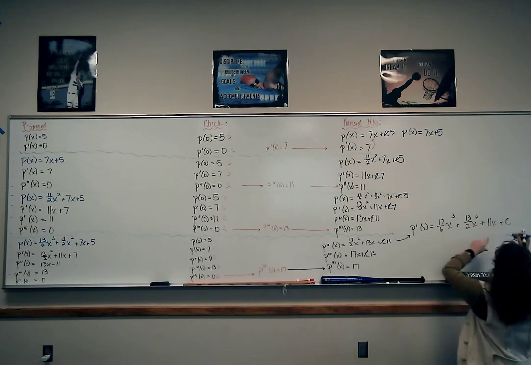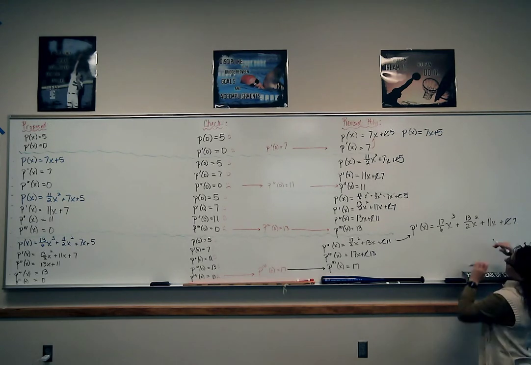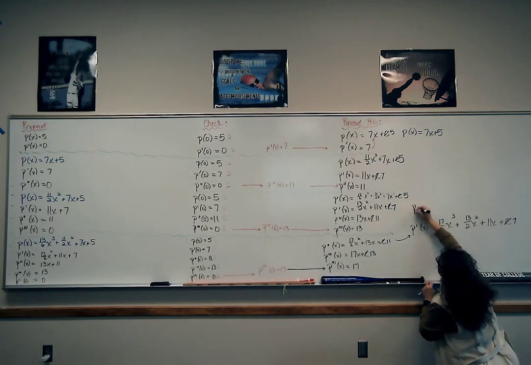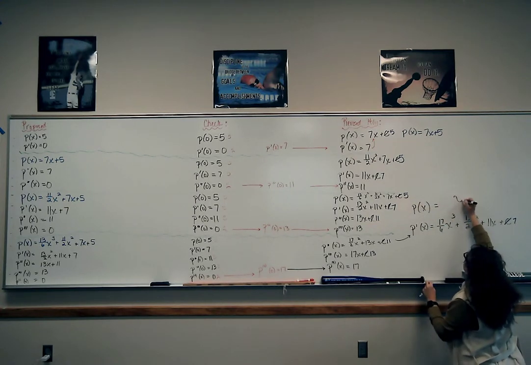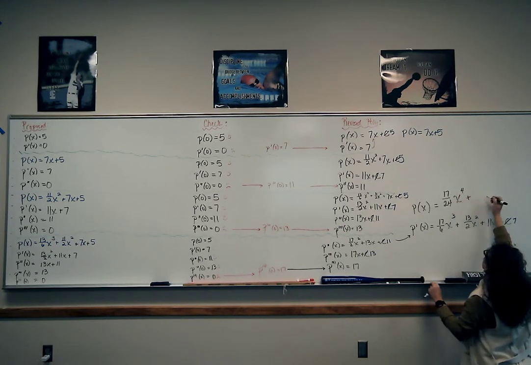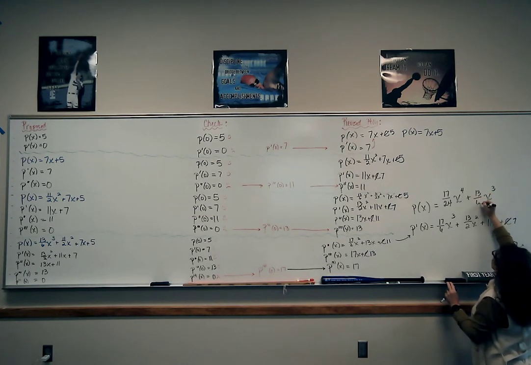There's a constant. Do I have a constant for my first derivative? I do. It's 7. Okay, last one. P of x equals, raise it, divide. Raise it, divide.